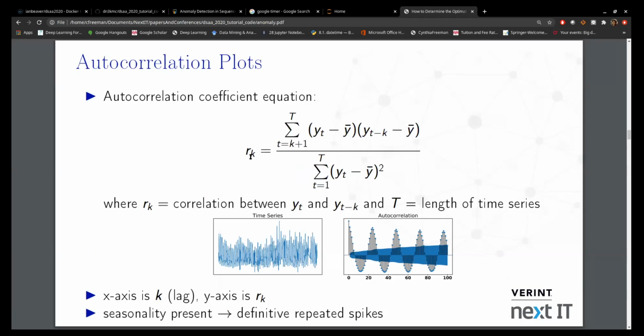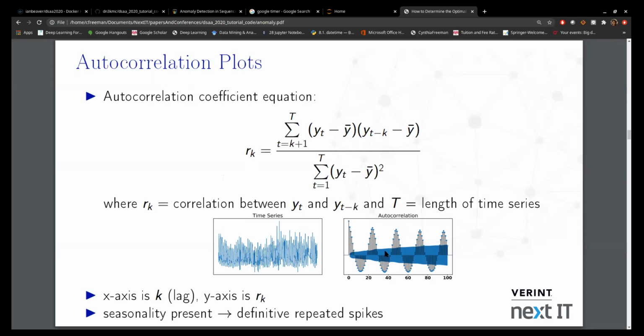And at lag 2, we'll have R2, which measures the relationship between yt and yt minus 2, so basically time steps that are 2 time steps apart. This coefficient is between -1 and 1, and it describes a negative or positive correlation respectively. A value of 0 indicates no correlation.